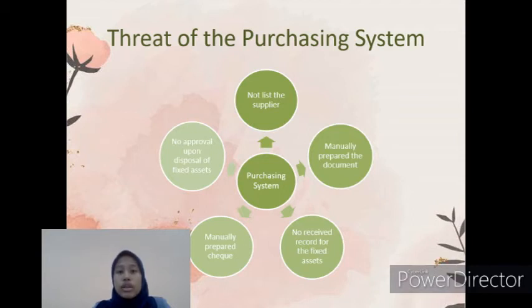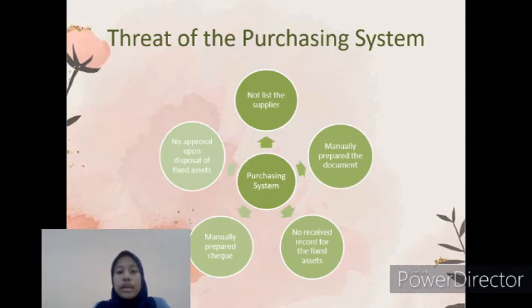This can cause the handwriting of the employee to be different from others, so if the handwriting is not clear, the bank will send the check back to the company and not accept the transaction.